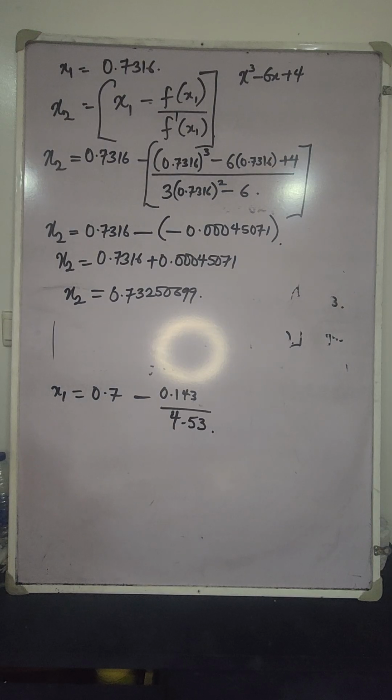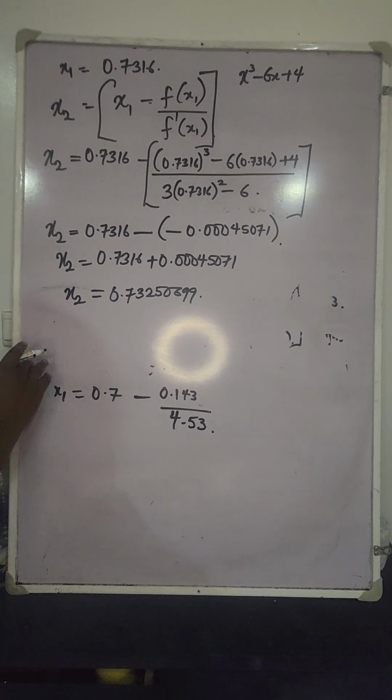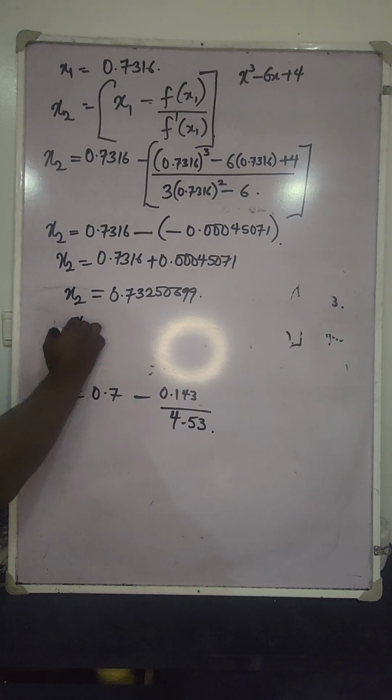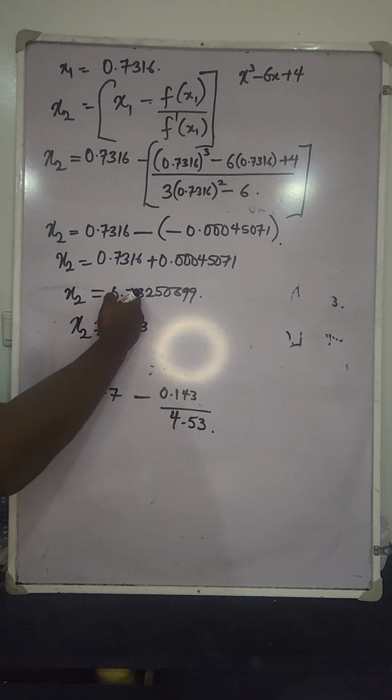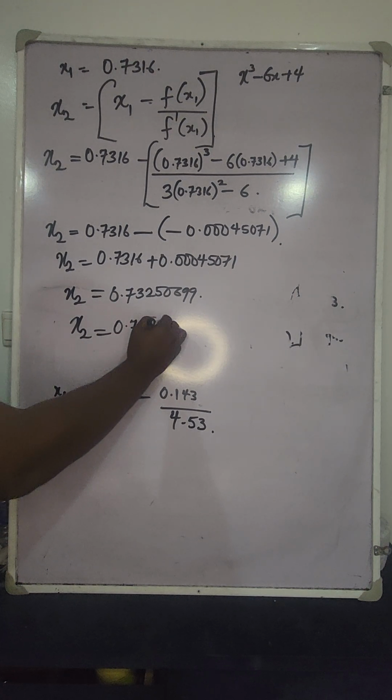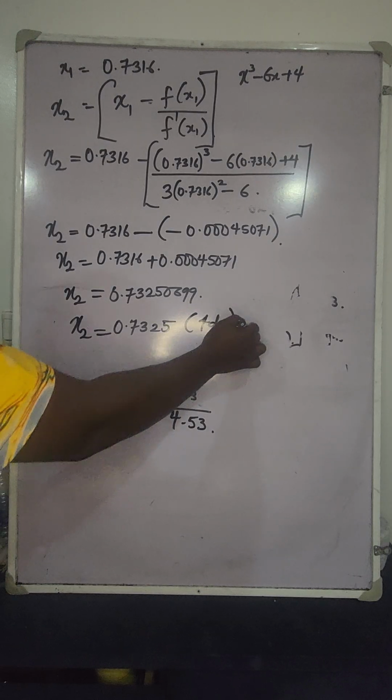So the fact that we have been able to do this, then the question says give this answer in 4 decimal places, and so x2 to 4 decimal places will be 0.7325.